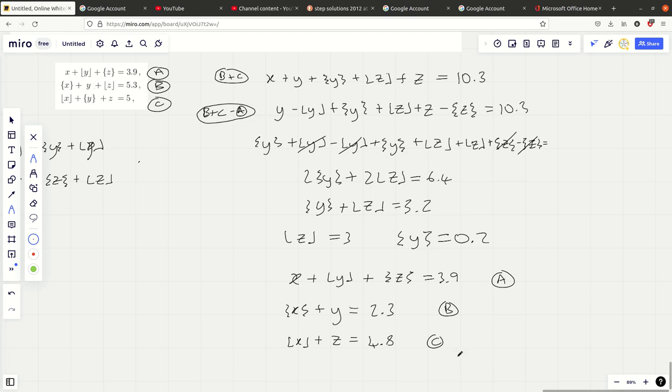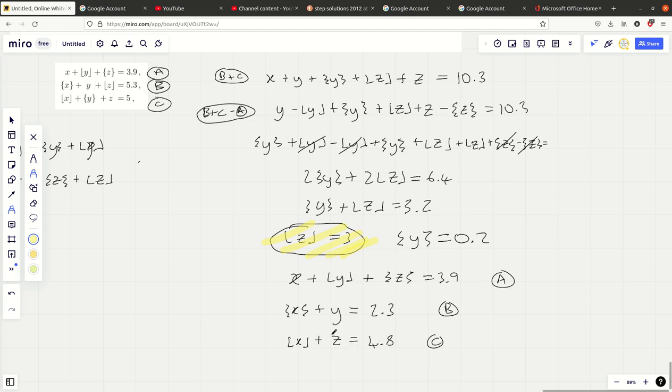Okay, this looks quite interesting. We can straight away see a couple of other things. If we've got integer part of x plus z equals 4.8, bearing in mind we already know z is 3 point something. And this is where you need a little bit of thought. We already know z is quite big, looking at these numbers. Z less than 4, but 3 or bigger.